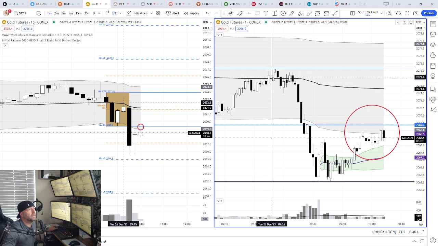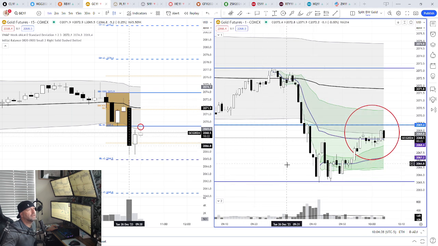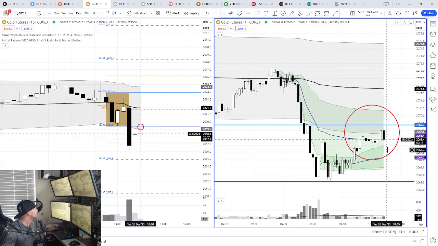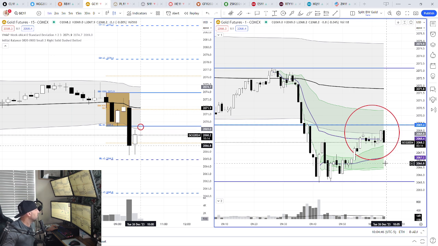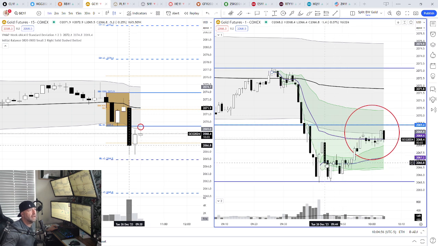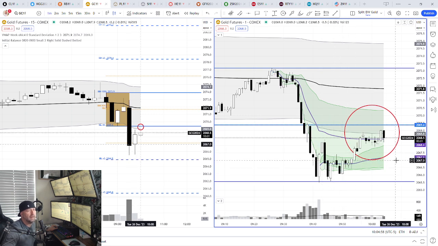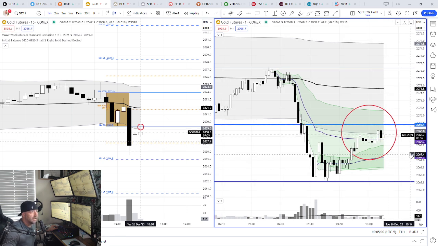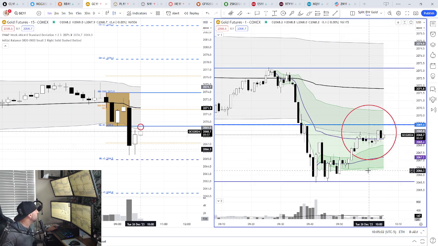Actually, let's move this here. We got gold trying to get into value. This is our anchored VWAP from the recent pivot high, and anchored VWAP from the pivot low. I haven't really done a video on anchored VWAP yet, but I'm going to do that next.